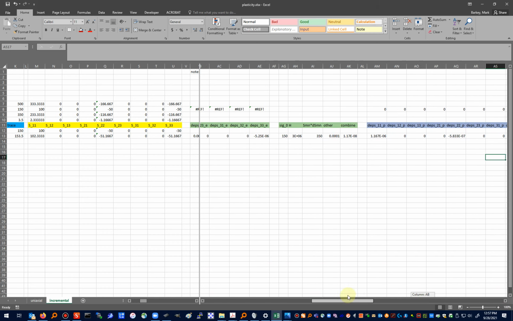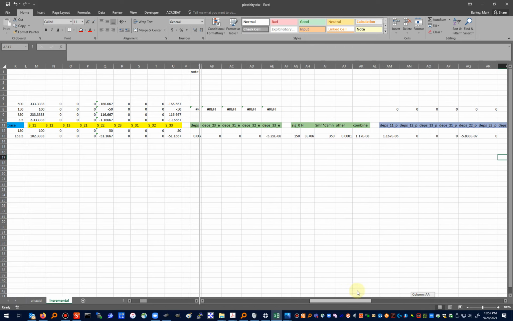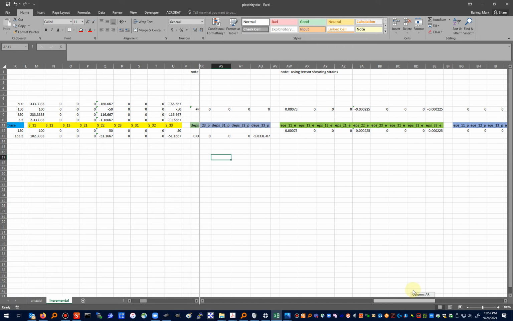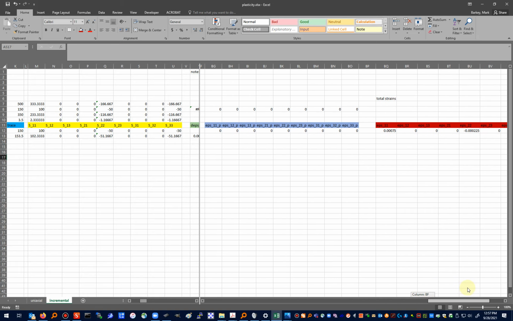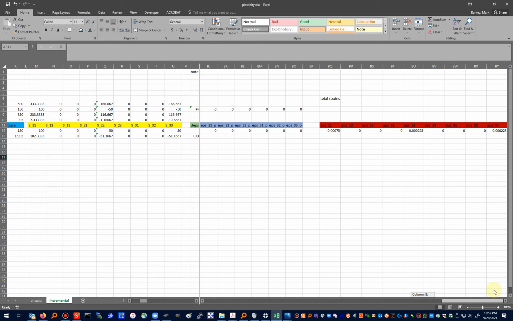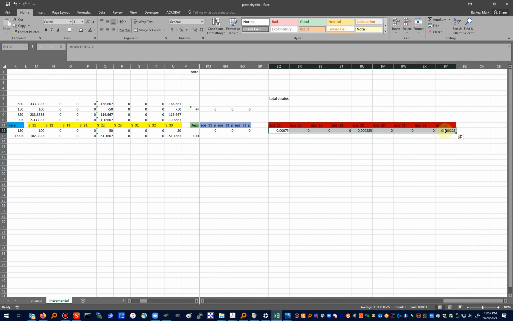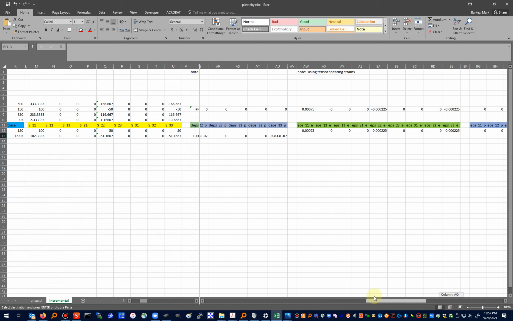Okay, so I've calculated an increment of elastic strain, an increment of plastic strain. And really what I want is the total strains. So I'm going to do this, let's see. Yeah, alright.